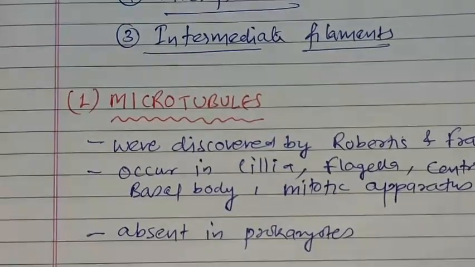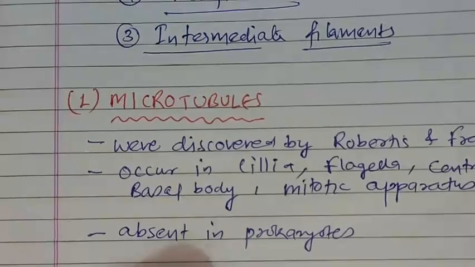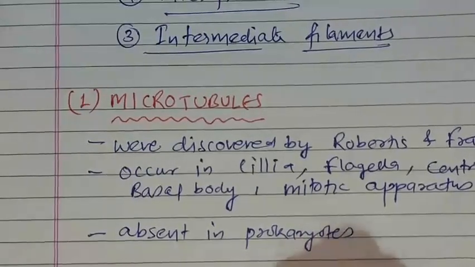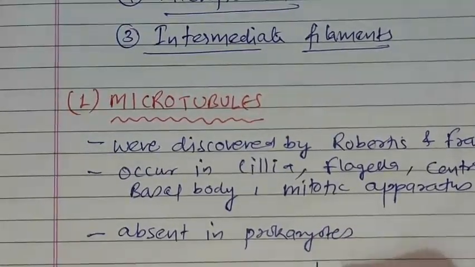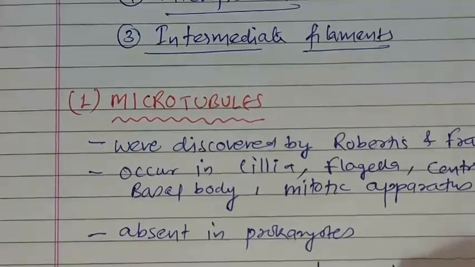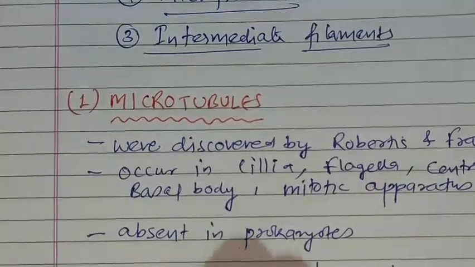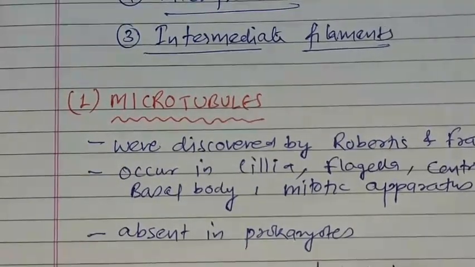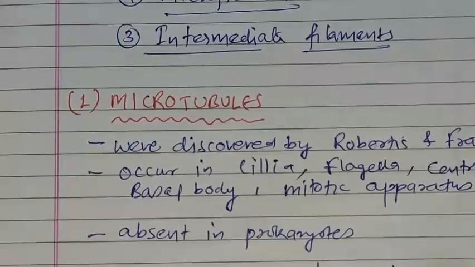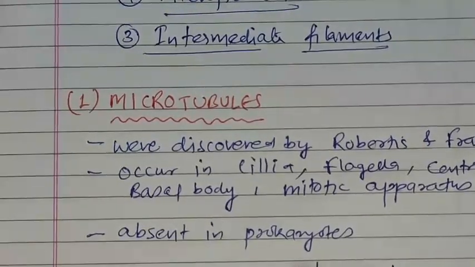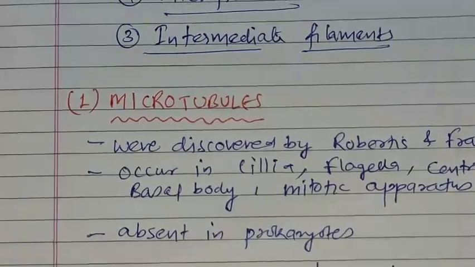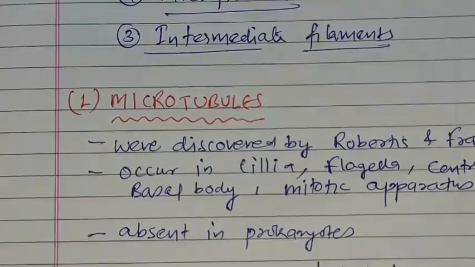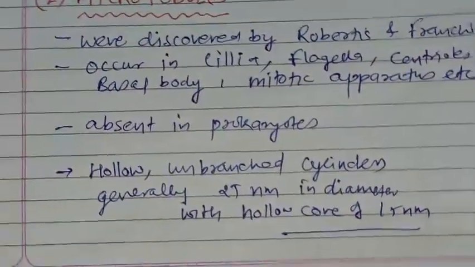Now these microtubules are hollow, unbranched cylinders, generally 25 nanometer in diameter, with a central hollow core of 15 nanometer.